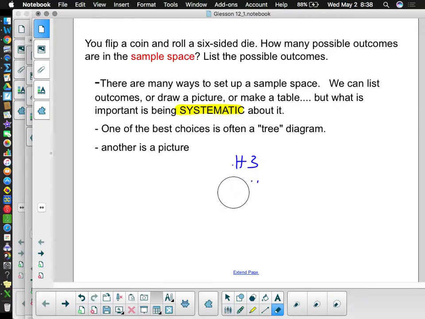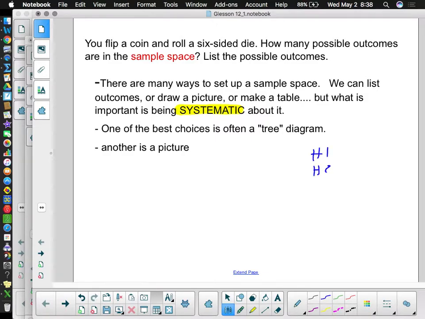So there are a lot of different ways we could do this. We could just make a systematic list. Let's say I could have a heads 1, heads 2, heads 3, heads 4, heads 5, and heads 6.